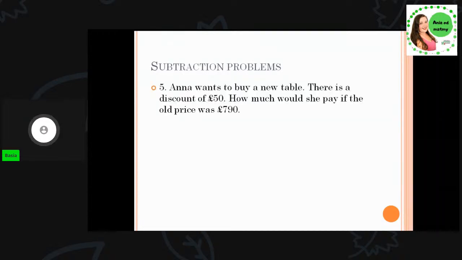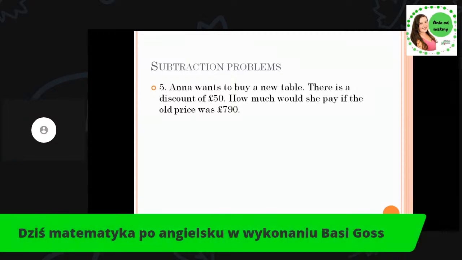We have Anna. Let's read the problem together. Anna wants to buy a new table. There is a discount of £50. How much would she pay if the old price was £790?